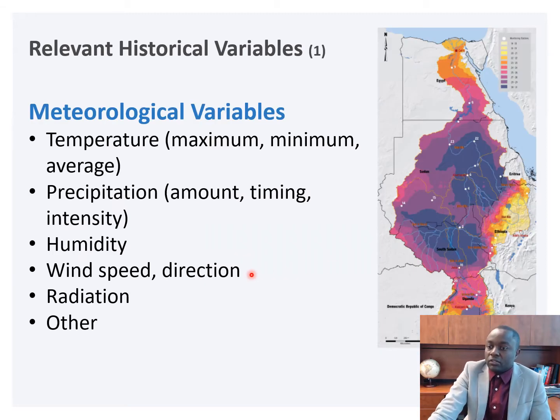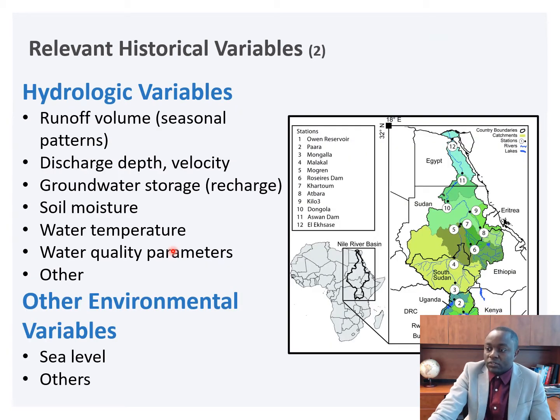Key relevant meteorological variables that we typically use for infrastructure risk assessment are temperature, precipitation, humidity, wind speed, direction, radiation, and other variables which are project specific. In terms of hydrological variables, we typically require runoff volume, discharge depth and velocity, groundwater storage, soil moisture, water temperature, water quality parameters, and others.